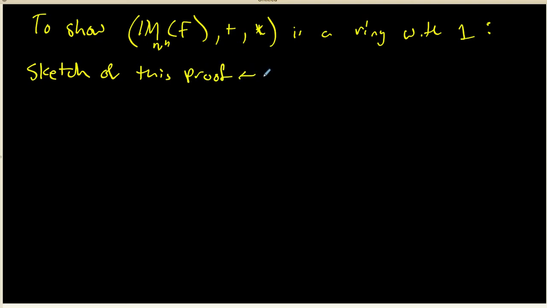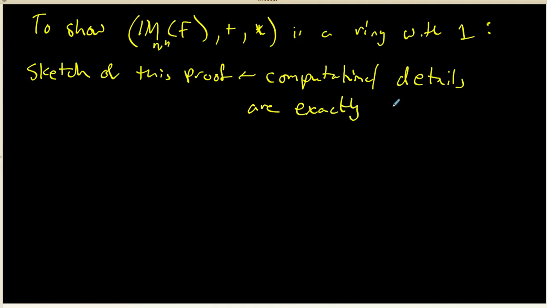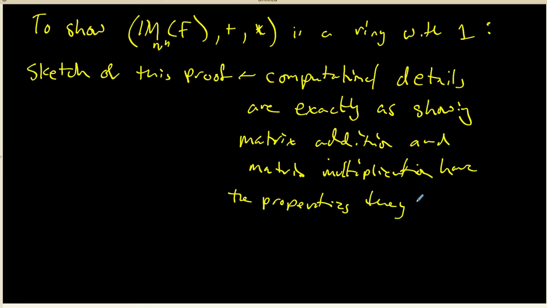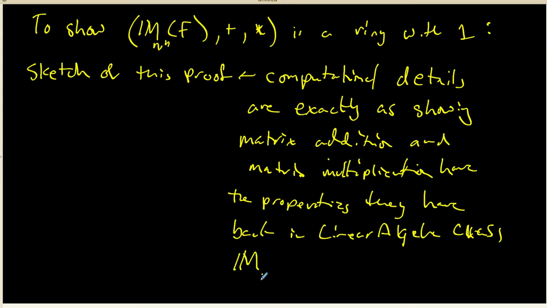The reason why is that the computational details are exactly the same as showing that matrix addition and matrix multiplication have the properties that they do back in a linear algebra class, where you're focusing on M_n, which would be the set of n by n matrices where their coefficients come from the real numbers.